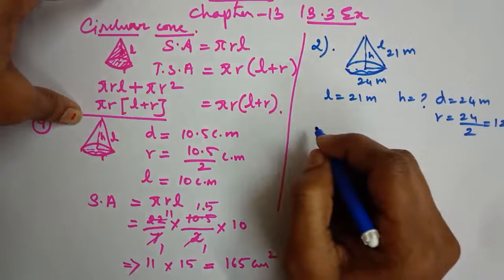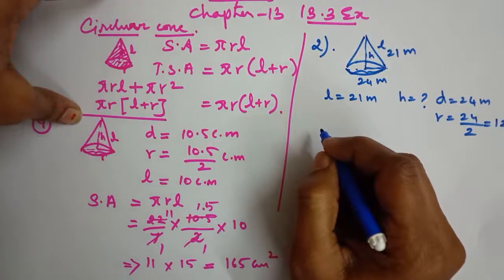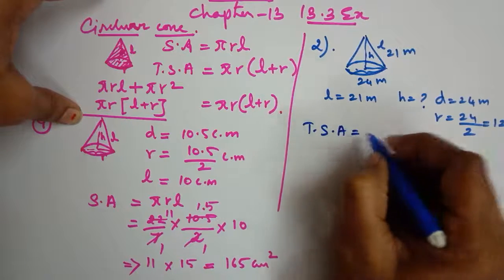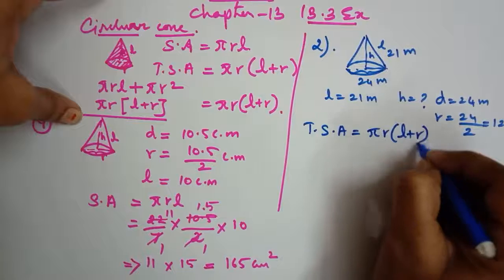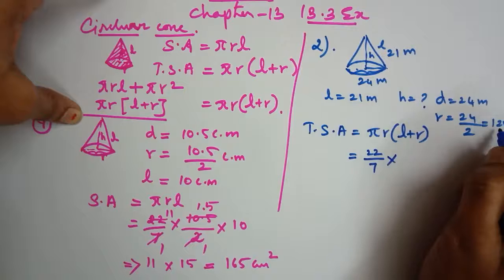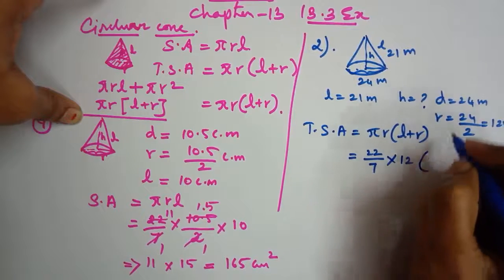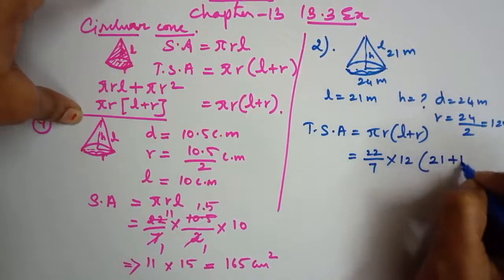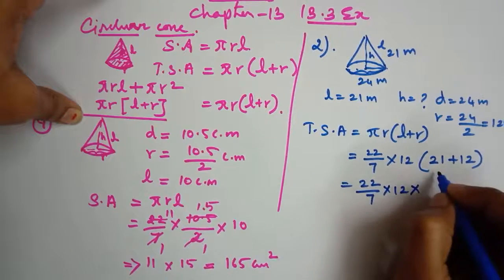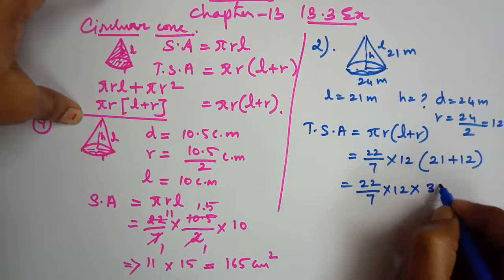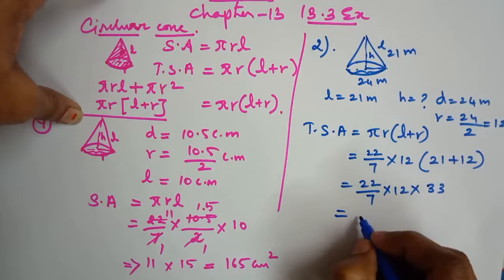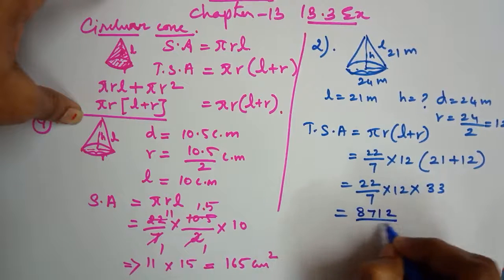Is it clear? Now find the total surface area of the cone. What is the formula? Total surface area is equal to pi r of L plus R. So that is equal to 22 by 7 into R, 12, into L, 21, plus 12, that is 33. Then if you multiply these numbers, you get 8712 divided by 7.